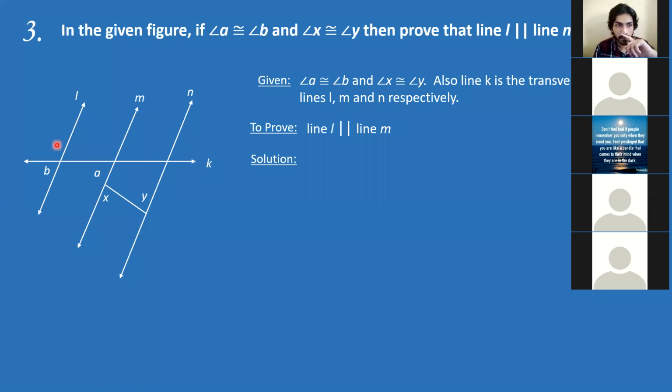But these 3 lines, they look parallel. They look parallel, but they aren't. They may be parallel, but in the sum, they have not specified whether these lines are parallel or not. So unless and until it is specified or given in the problem statement that lines are parallel to each other, you should not assume them. It is important.